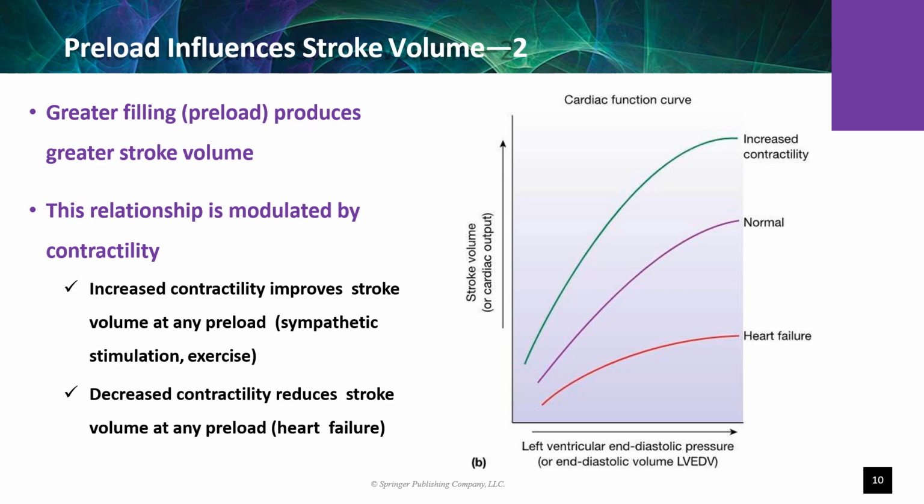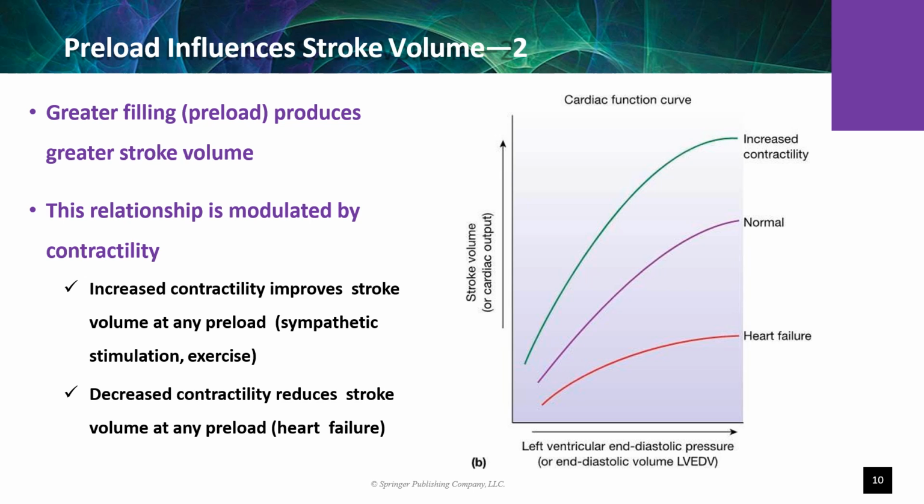When plotting the stroke volume against the left ventricular end diastolic volume, this is illustrated as the improved performance as the LVEDV increases for the normal heart functioning, which is the purple line.